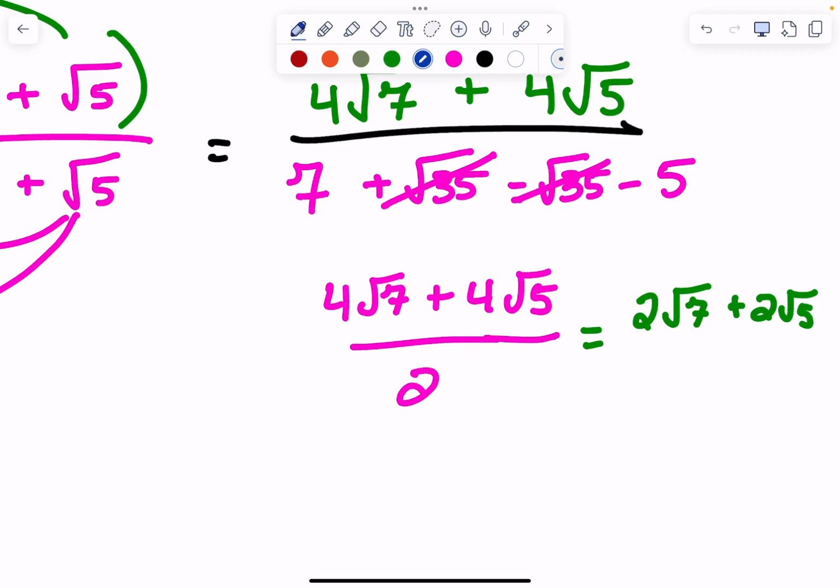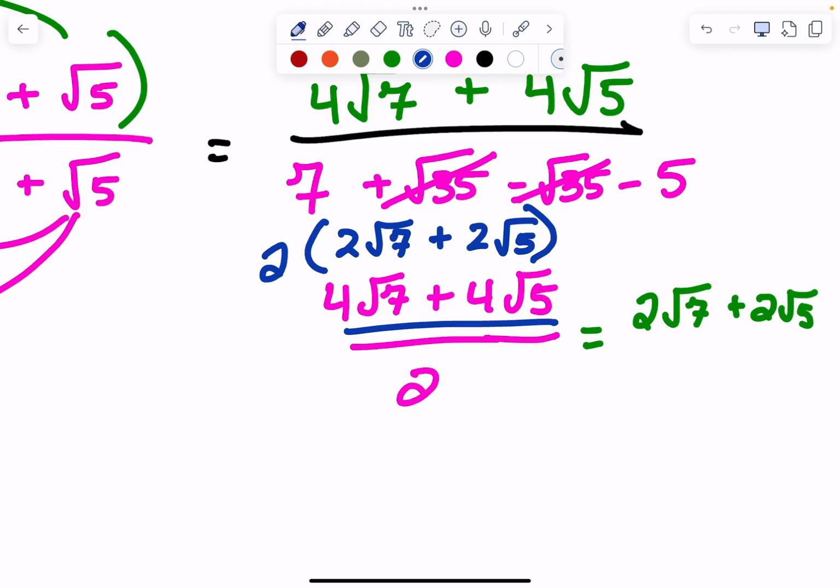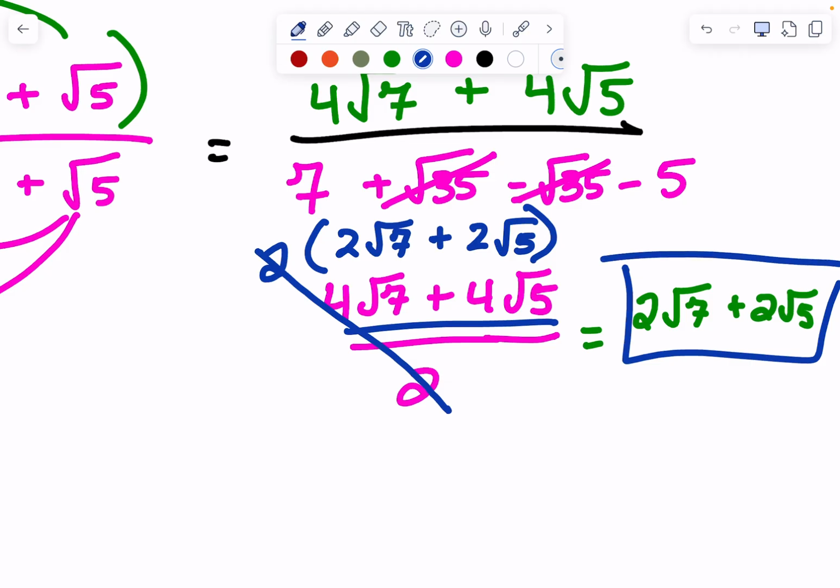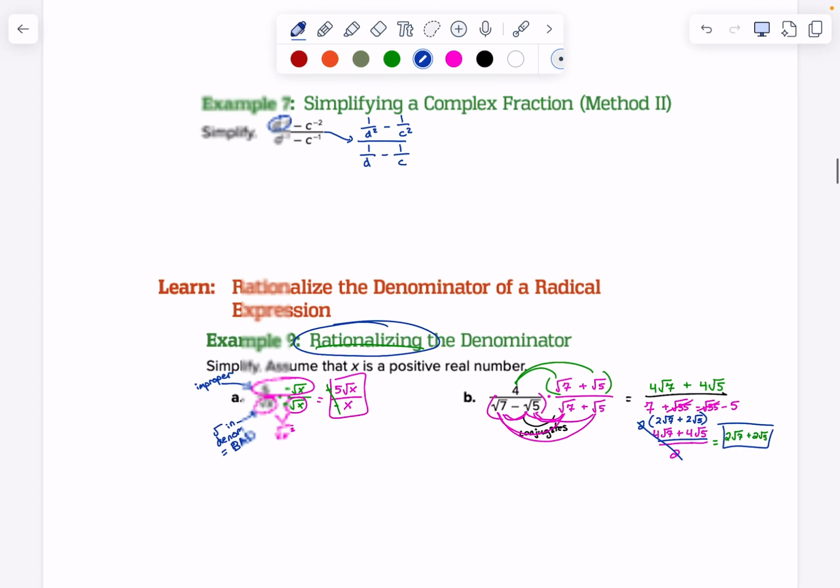Technically, what you are doing for this piece is pulling a 2 out front, right? And then these 2's will cancel. So that's why you have to have it in all 3 spots in order for the 2 to reduce. So this is your final answer. Got it? Okay, there you go.